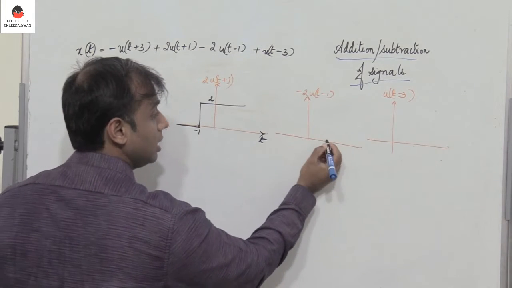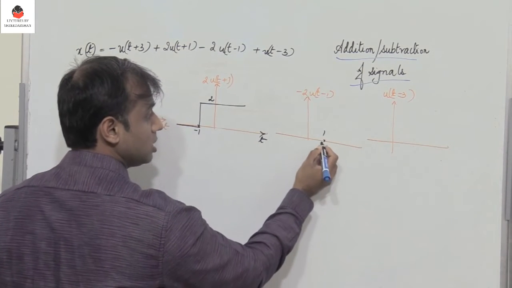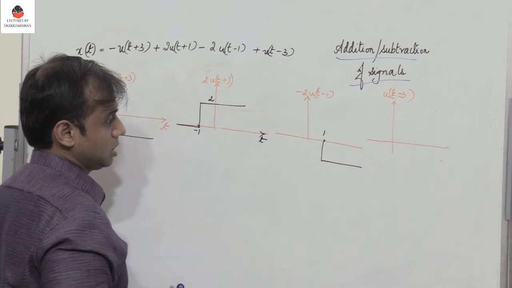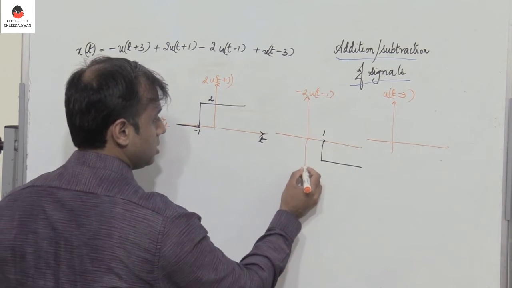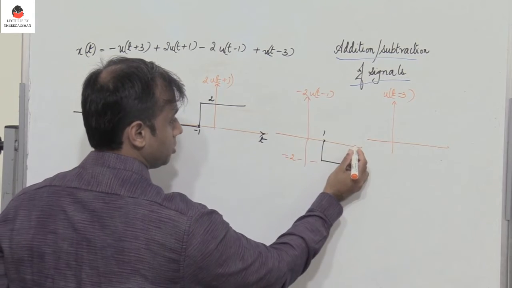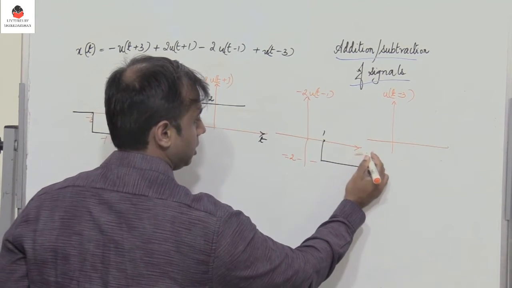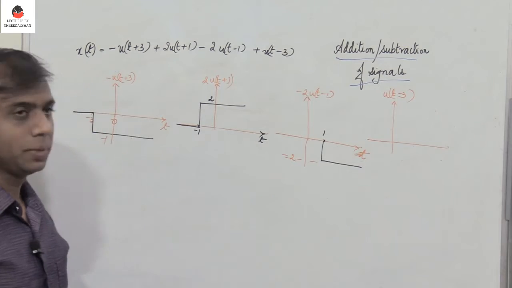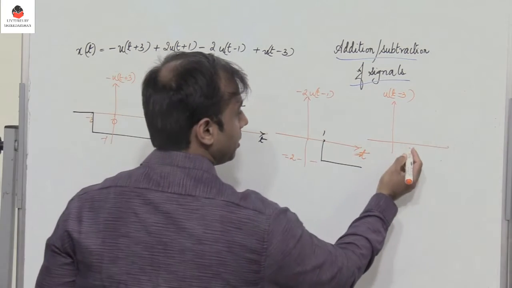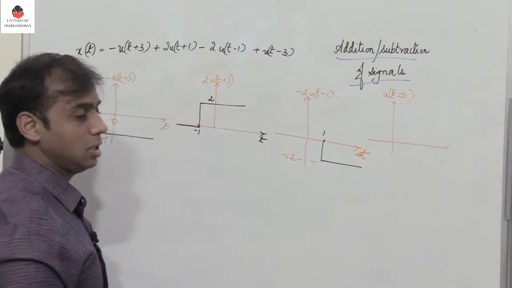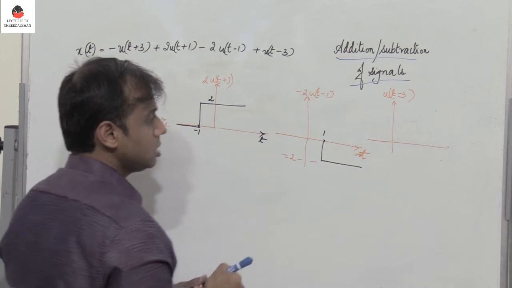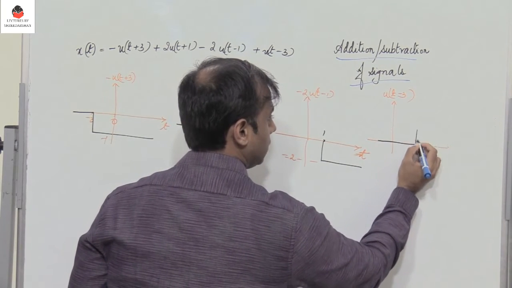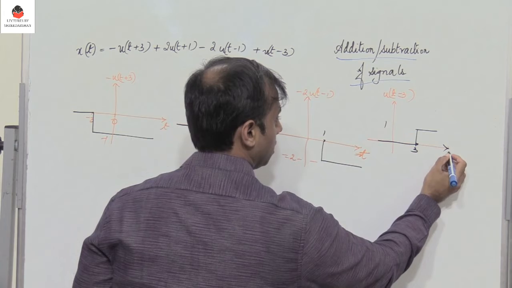The signal exists from 1 to infinity, but the amplitude is minus 2. Then you have u of t minus 3. From t equal to 3, the signal amplitude will be 1.